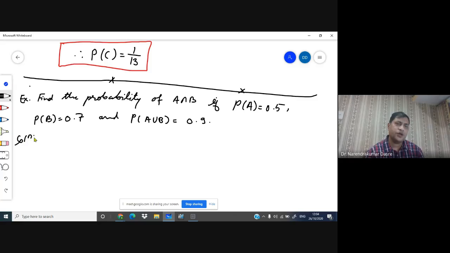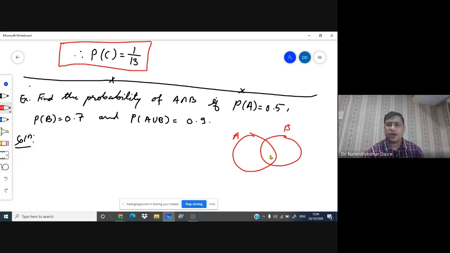So here we have to go with the basic rule. What is the basic thing that we need to understand? I have these two events A and B. This is event A and this is event B, and then this part becomes A intersection B. If I want to find out the probability of this, what I know is the probability of the union. So we have to use the formula for the probability of union.